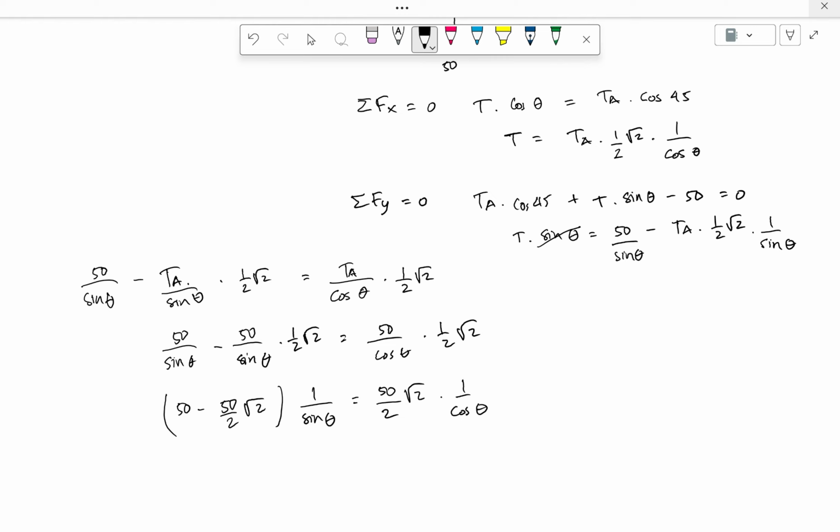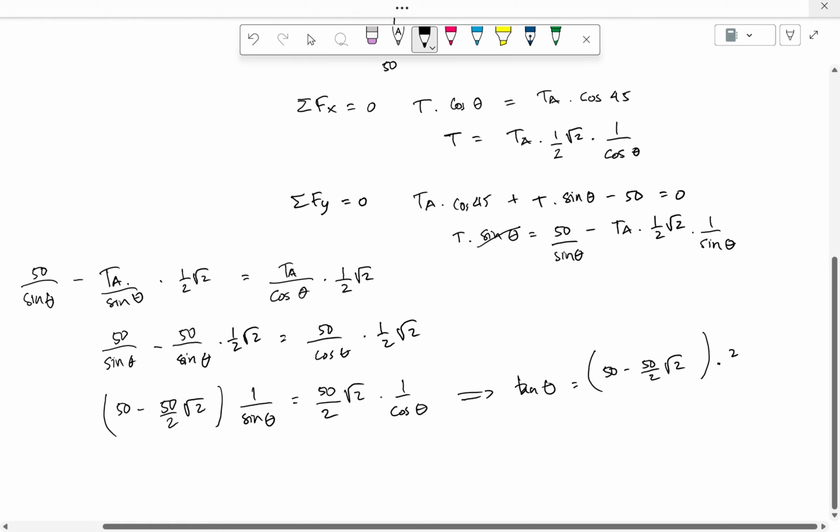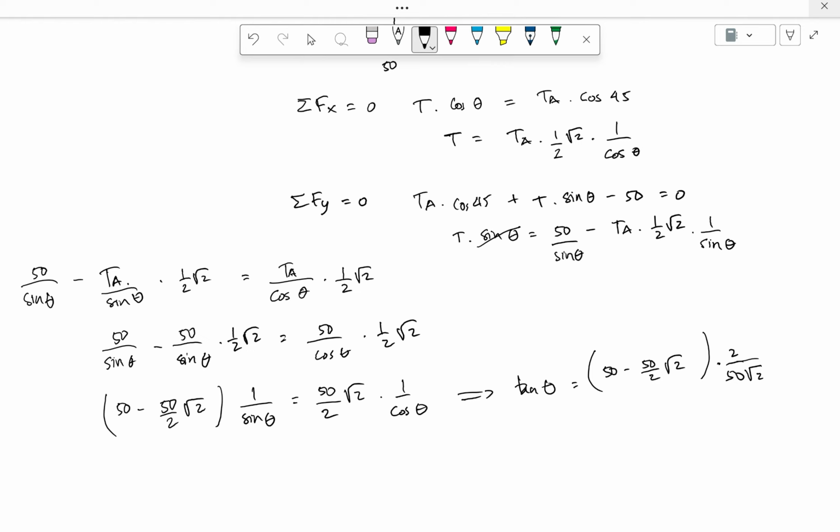All right, so if I put sin theta above, this will be tangent theta equals 50 minus 50 over 2 theta times 2 divided by 50 square root of 2.